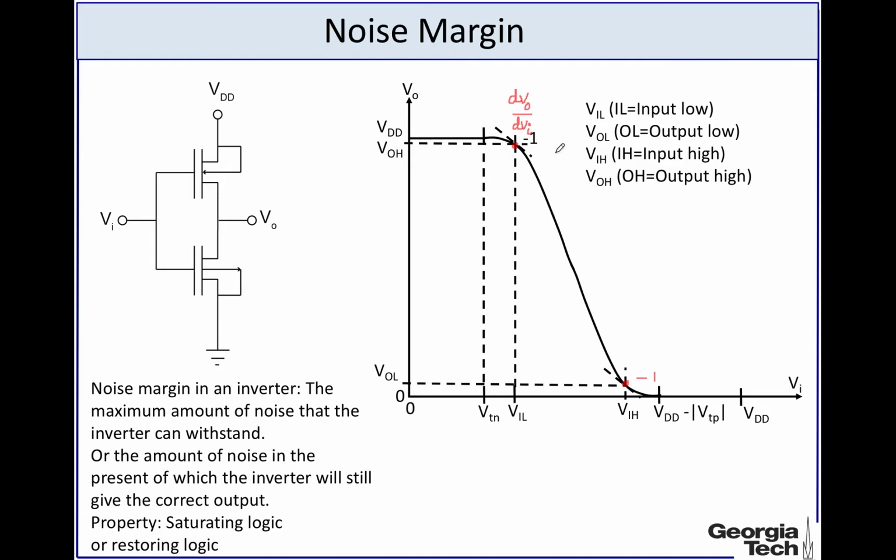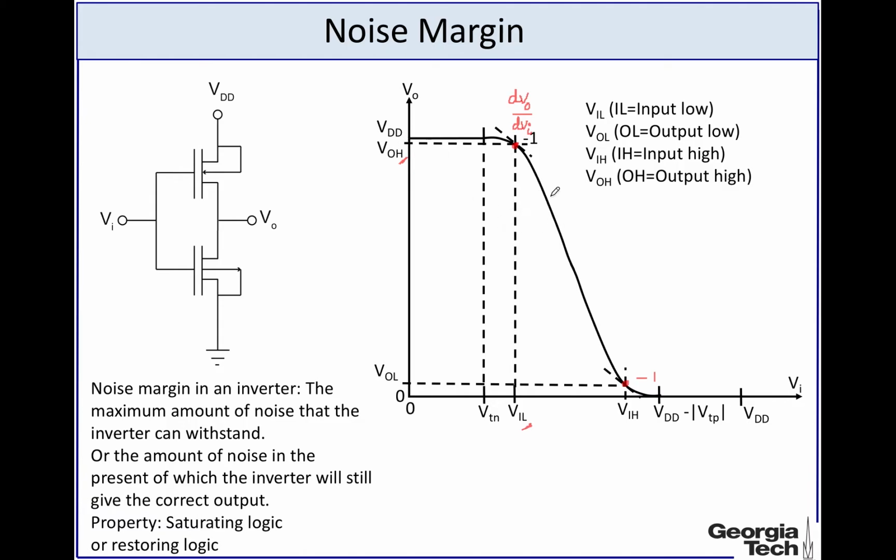All right, so first this point, at this point the input voltage is VIL and the output voltage is VOH. Now you can see clearly that as long as the input voltage is between 0 and VIL, the output voltage is in between VOH and VDD.